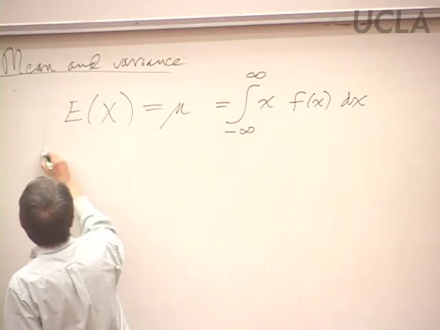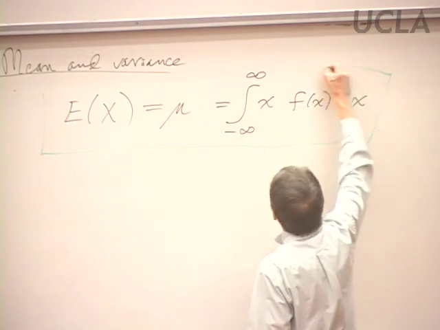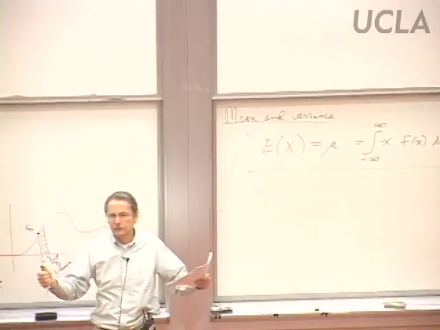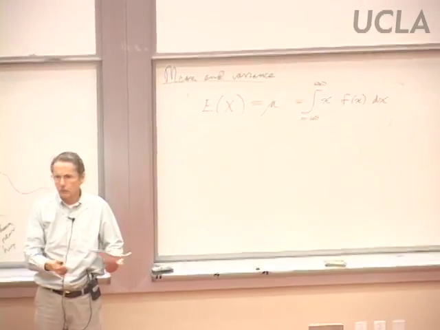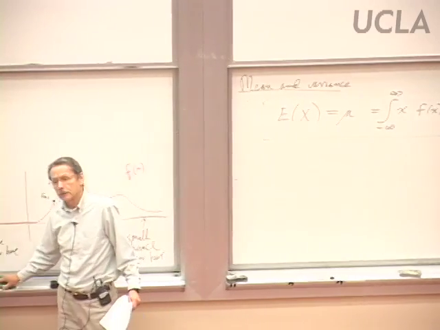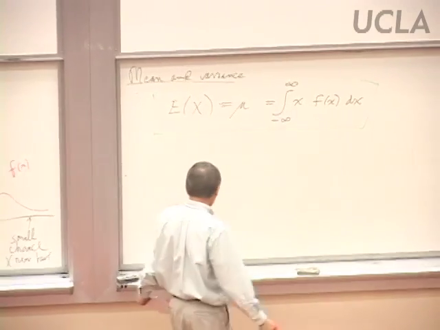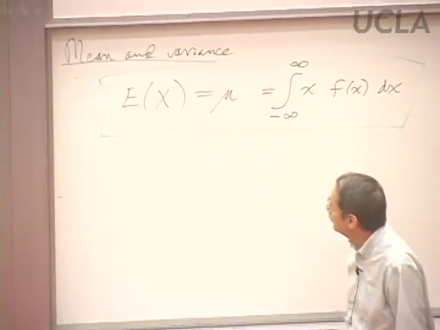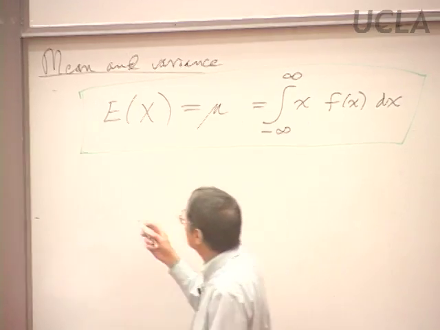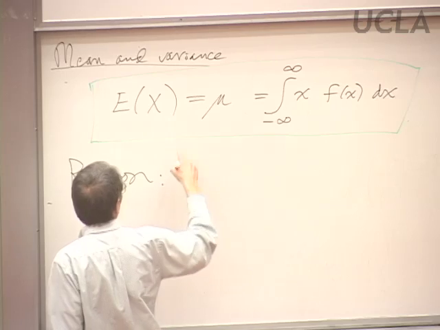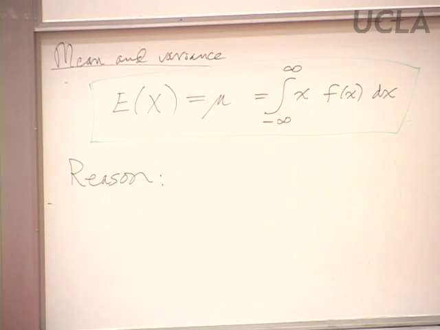And the reason, well, back for the discrete random variables, we had a sum, right? A weighted sum. We took the values of the random variable weighted by the appropriate probability. And the same ideas are involved here. The reason this formula applies, well, this is not a rigorous proof, but it gives an idea of where it comes from.